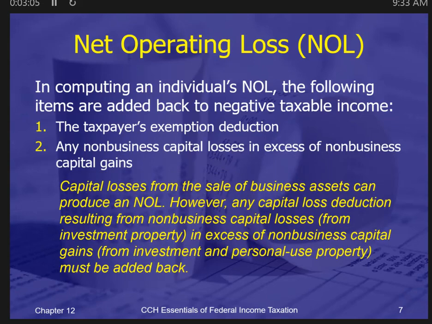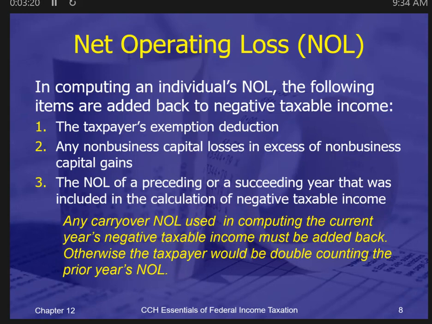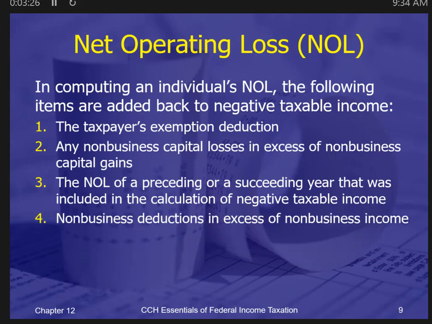Okay? Any non-business capital losses, anything more than your capital gains, is not going to count. Now notice it's non-business. If it's a business asset you're selling, then it still counts, but not if it is an investment or non-business asset. Any NOL from past or future years is not counted, and you have to add back any non-business deductions in excess of non-business income.